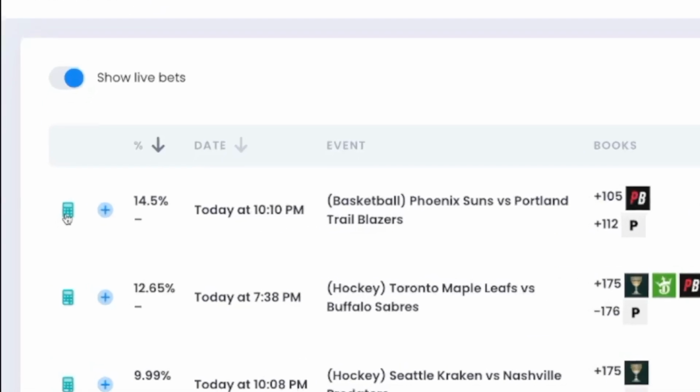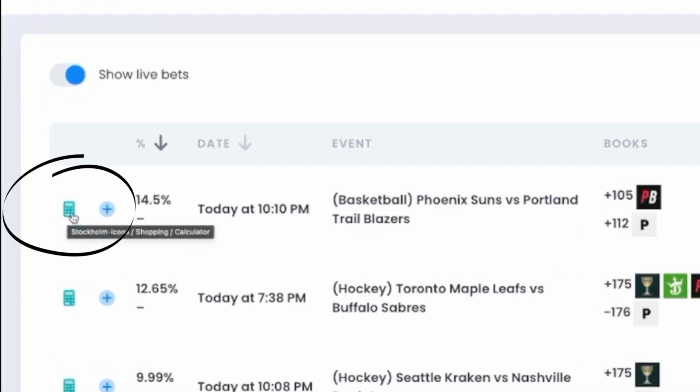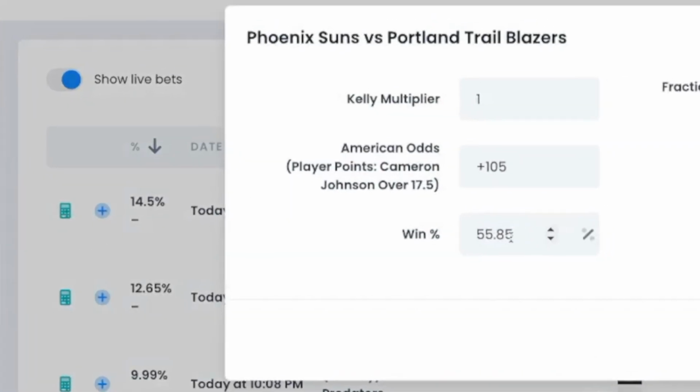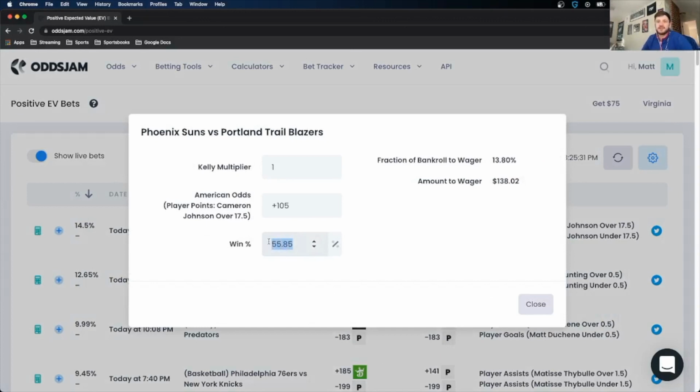And if you click this little calculator here, it gives you more information about the bet. So the win percentage is based on the OddsJam perfect line. The OddsJam perfect line gives us a 55% chance of winning. It looks like the odds we're getting it at are plus 105, which has a below 50% chance according to that market. So there is a probability gap, right?